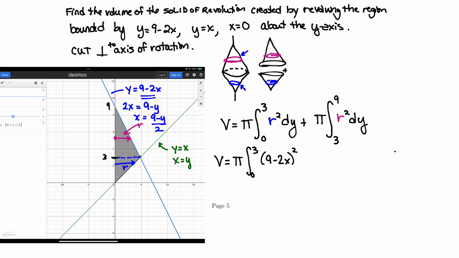Oh, I did that wrong. Sorry, did that wrong. Sat there, did it, and didn't plug it in. 9 minus y over 2 squared. Y squared. Okay. I got pi over 6.